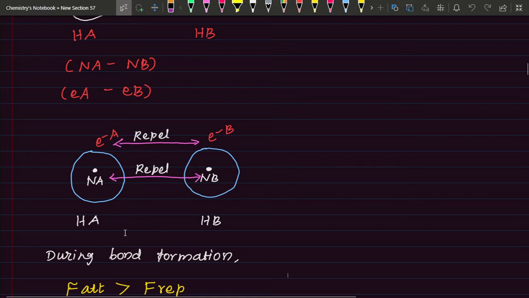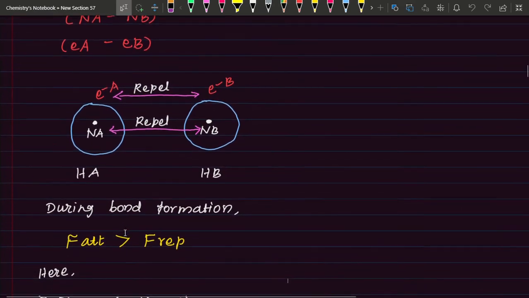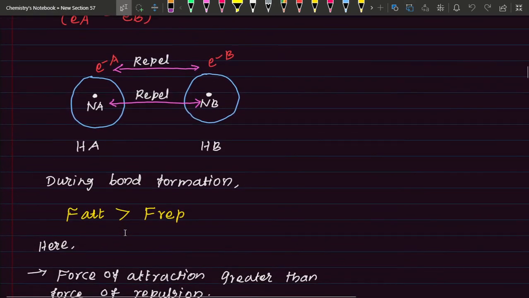So during bond formation, the force of attraction is greater than the force of repulsion, because we saw in the diagram above.